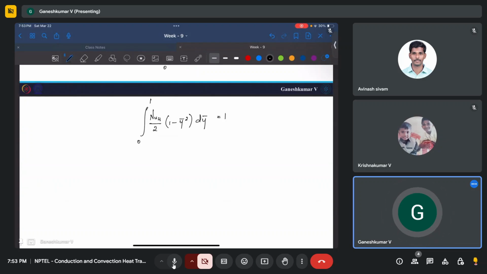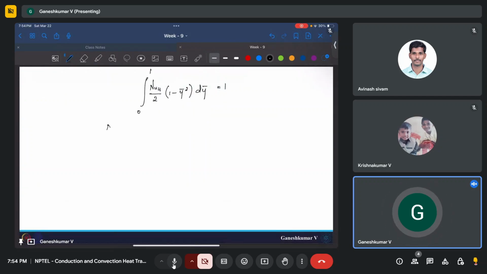Now you can integrate with y bar. Nu_h is constant, you can take it out. Nu_h by 2, integral of 0 to 1, 1 minus y bar square dy bar is equal to 1. How do you integrate this? Nu_h by 2 into, first is y bar from 0 to 1, minus integral of y bar square dy bar, which will be y bar cube by 3.